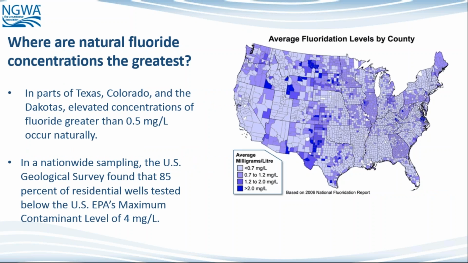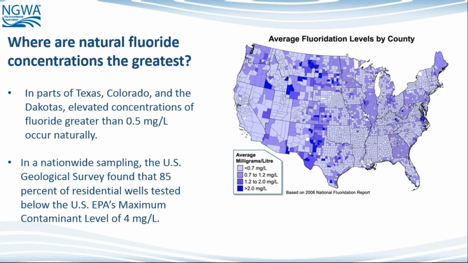I think this is a great map that we have based on a 2006 report on groundwater systems. Where is our natural fluoride in the United States? Well, as you can see, in parts of Texas and Colorado and the Dakotas, we have elevated concentrations of fluoride that are greater than 0.5, or half a part per million, or milligrams per liter.